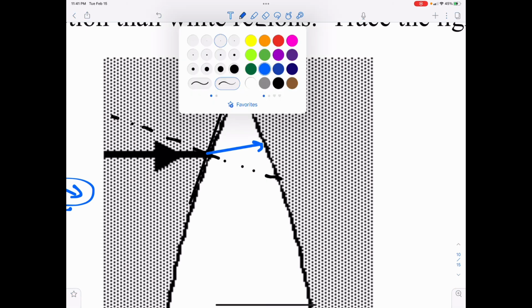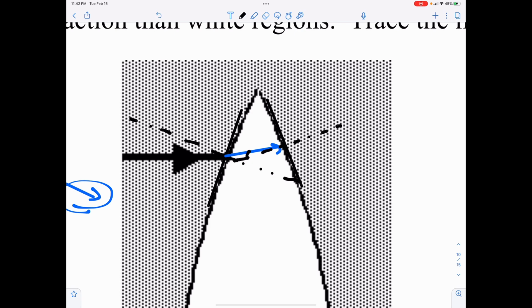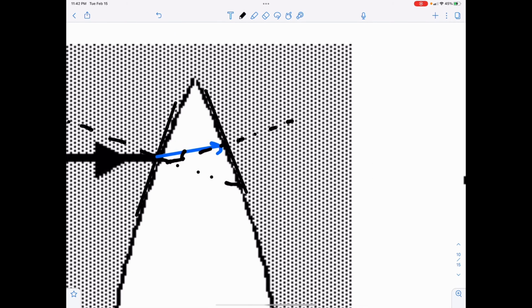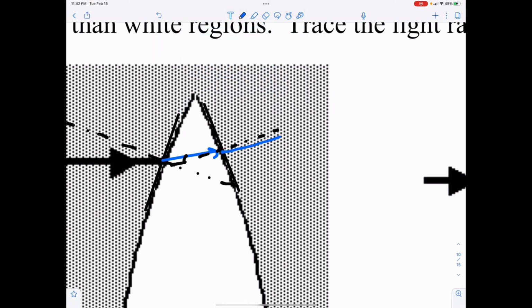Then when we reach the other side, you've got your surface, you've got your normal, and this represents our theta 1. We would bend much closer to that normal over here. Notice it starts to bend upwards and diverge a little bit.